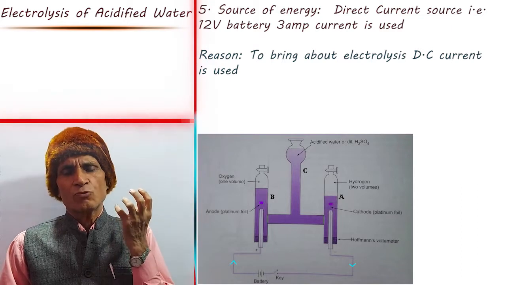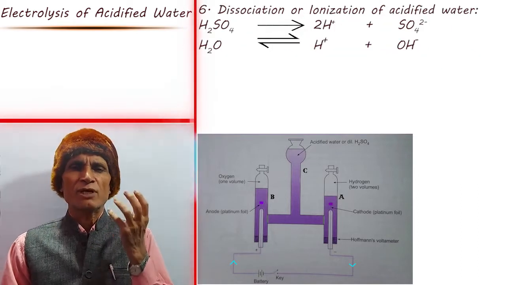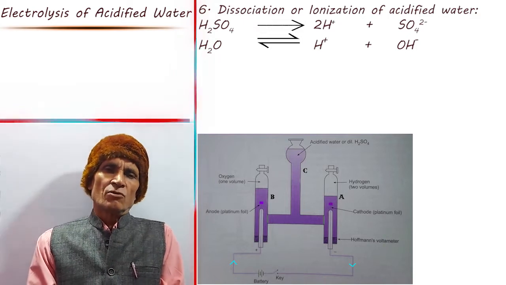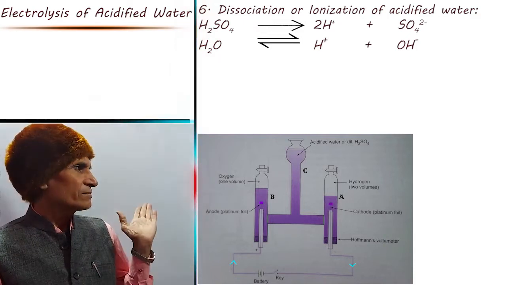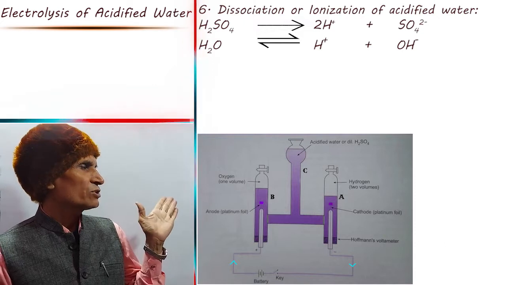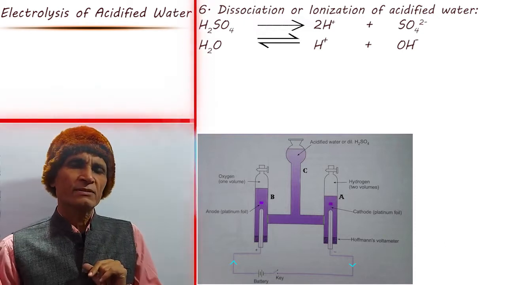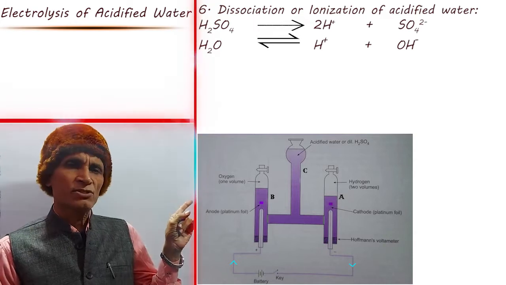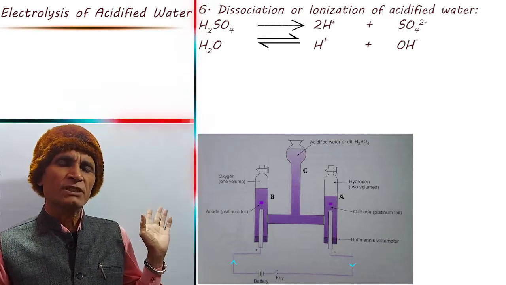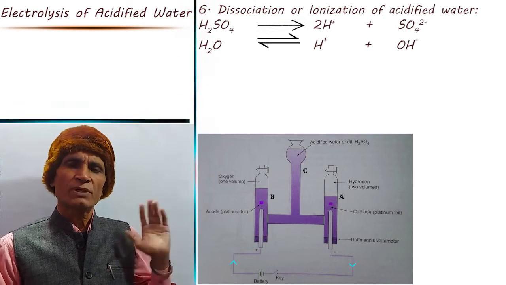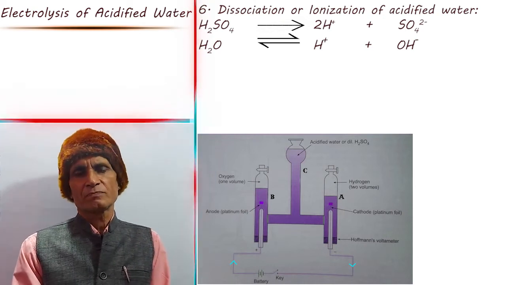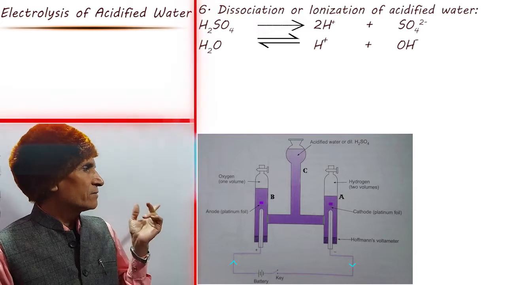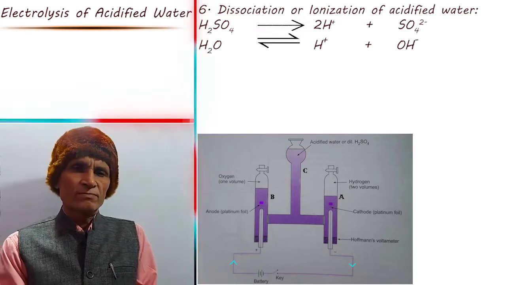Next point is ionization of water or ionization of electrolyte. Water ionizes there to produce hydrogen ion and hydroxide ion, and sulfuric acid produces hydrogen ion and sulfate ion. Hydrogen ion we can represent in the form of hydronium ions. Now next is electrolytic process.